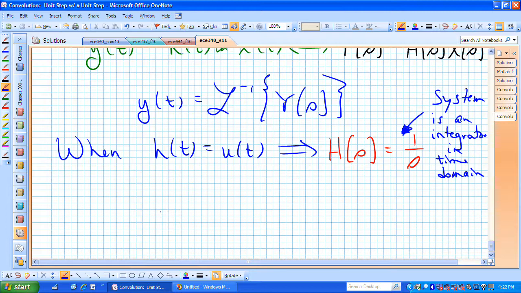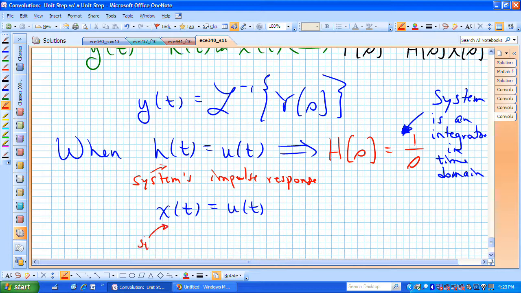We also have x of t, our input, which is also a unit step. This is a signal, so this was our system, and that was the system's impulse response. This is our signal, and the signal that we're applying to the system is a unit step, and the transform of this unit step is 1 over s.